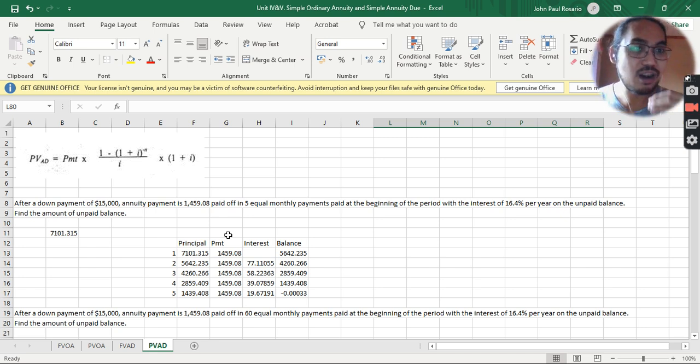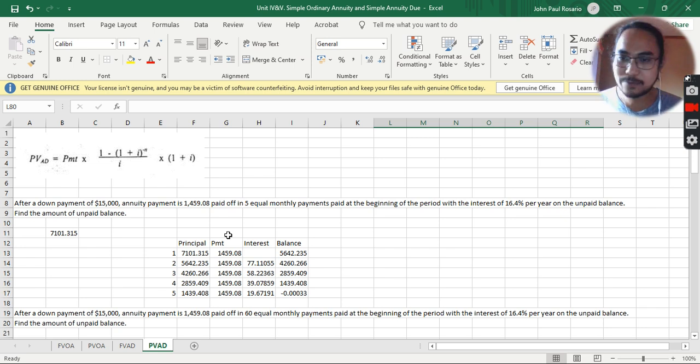If the problem talks about building something from nothing to something, that's a future value problem. If there is something already, but you want to make it nothing in the future, that is a present value problem.